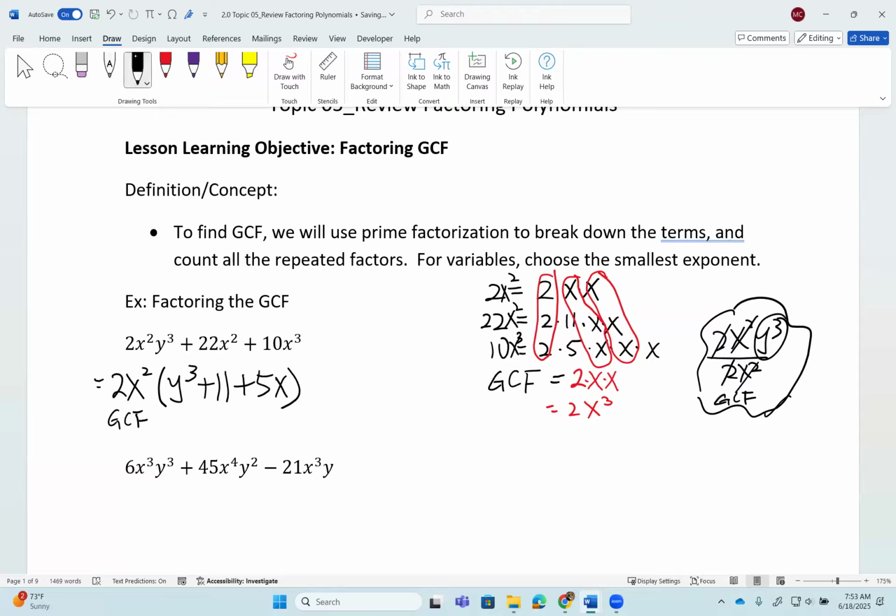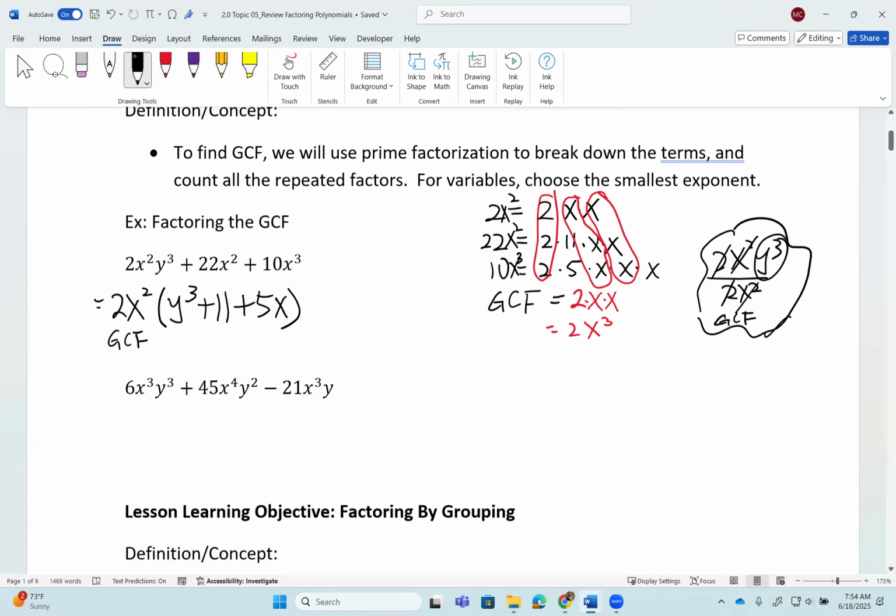There you go. All right, so I know I factored completely because the way to check your answer after you factor is to check inside the parentheses, see if anything can be factored out. There's really nothing that can be factored out between y to the third, positive 11, and positive 5x. So I know this is factored completely.